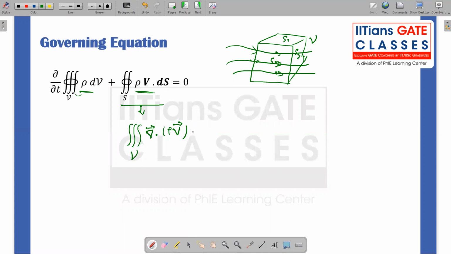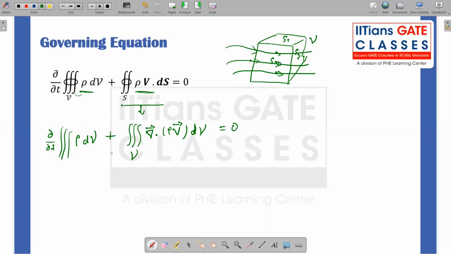Now if I club this with the already existing volume integral of d rho by dt dV, which is equal to 0.